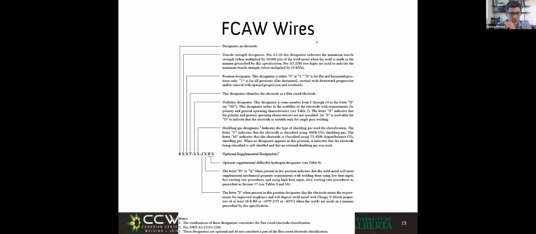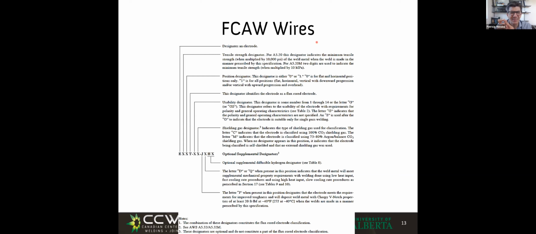Now, the number 70 or 71 does not mean 71 KSI. We have to split that number into the 7 of the 71. The 7 alone means 70 KSI. And then the other number, the 1 means all position, and the 0 means only flat and horizontal.